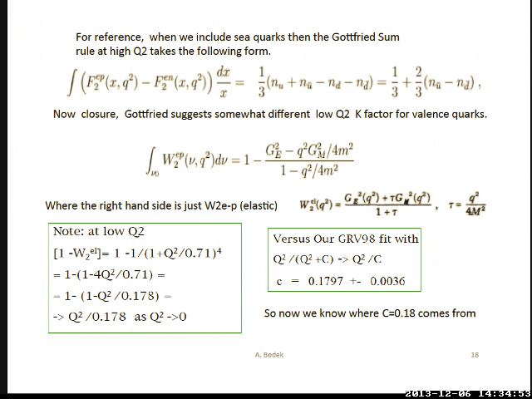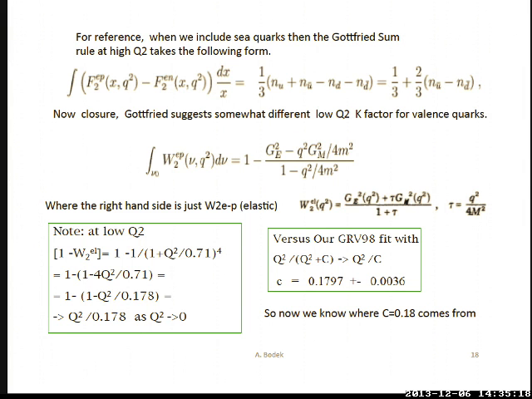Now this is kind of interesting, because this is a W2 elastic for the proton. If you go to q squared equal to 0, this is just GE squared. And so GE squared is just a dipole. So if you take 1 minus W2 elastic, which is 1 minus the dipole, and you expand it, you get q squared with 0.178.